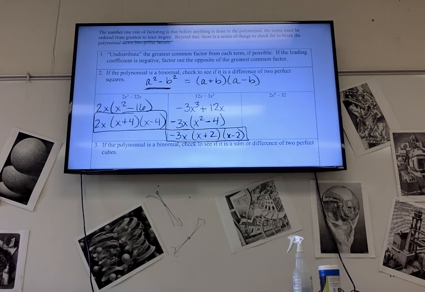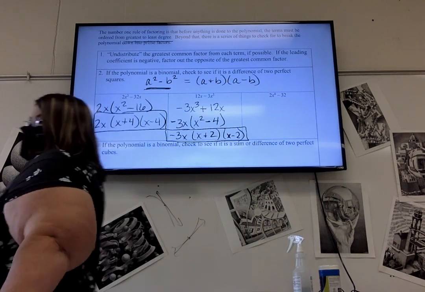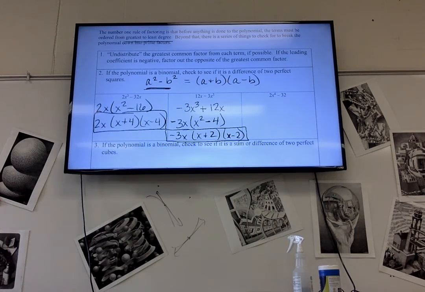This one is not a difference of 2 squares because it's plus. So you can't do that. But this one you can.